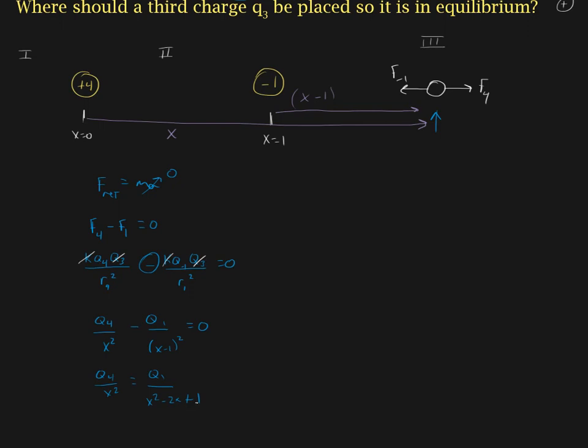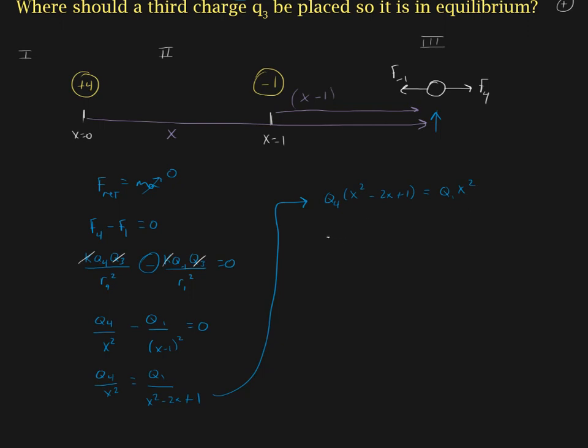And now we're going to put all of our x's on one side of the equation. Let's do this up here. So we get Q4 times x squared minus 2x plus 1 is equal to Q1 x squared.